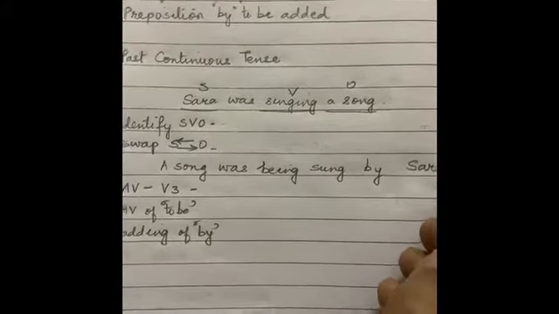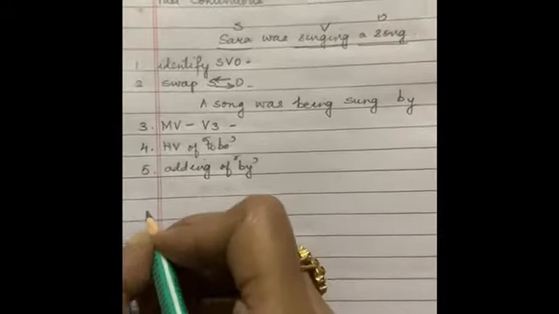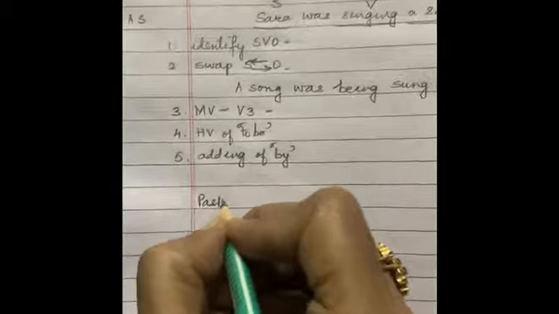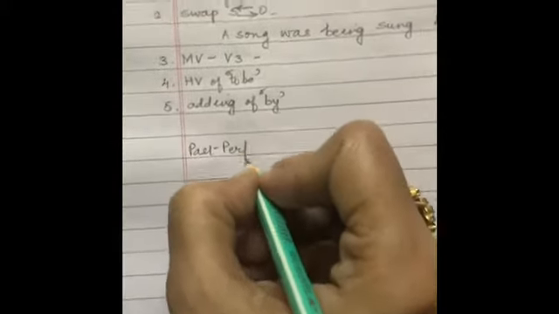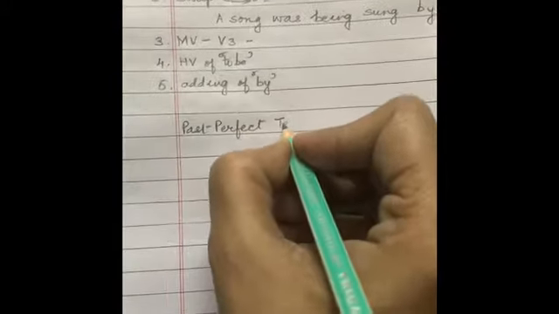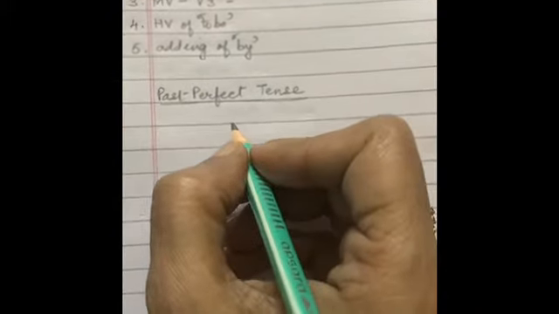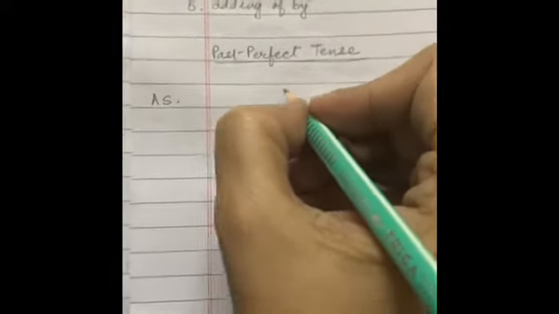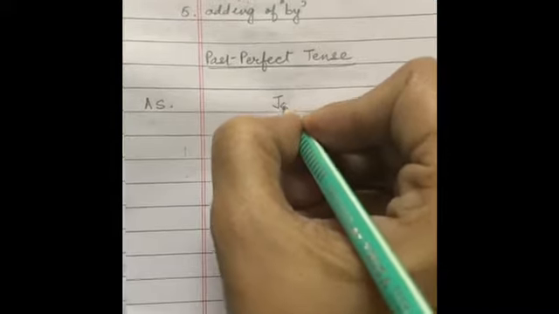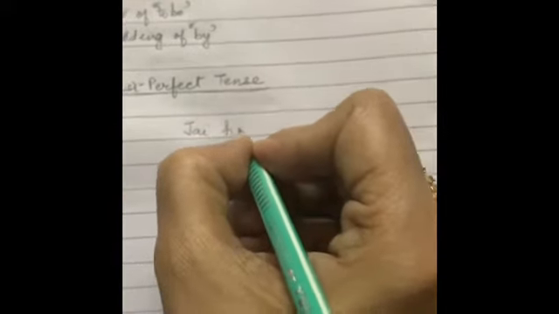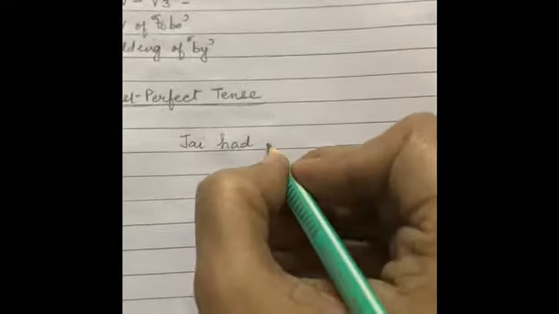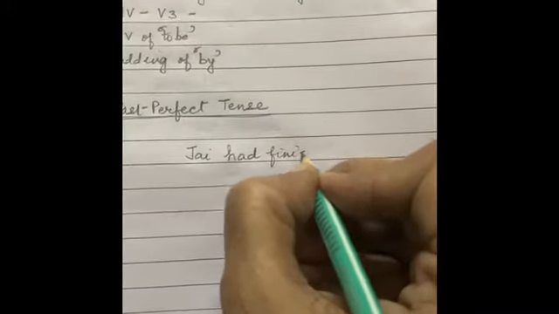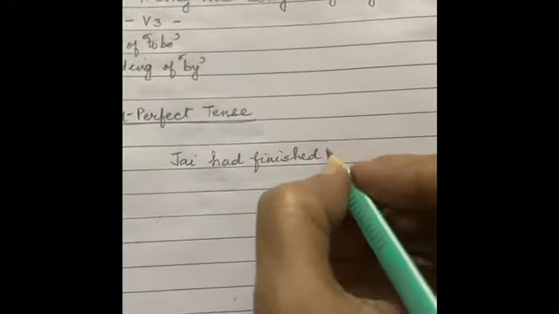Let's now see the example of past perfect tense. Now active sentence. Jay had finished the homework.